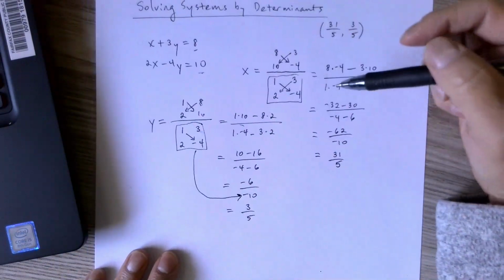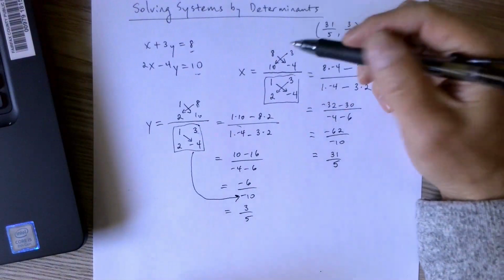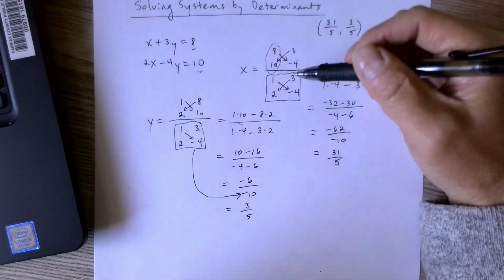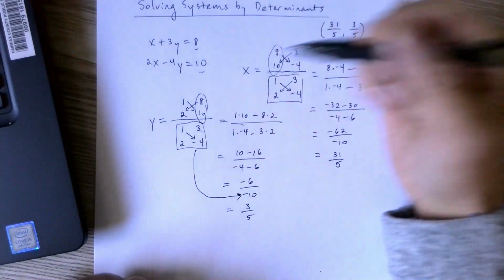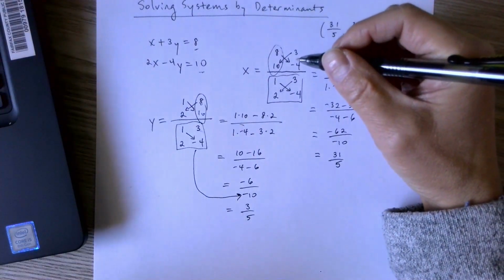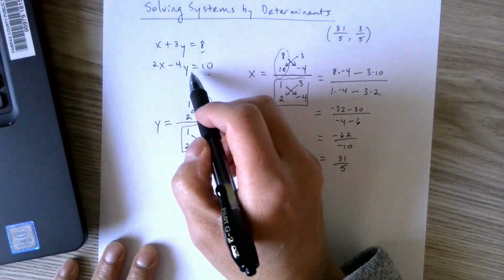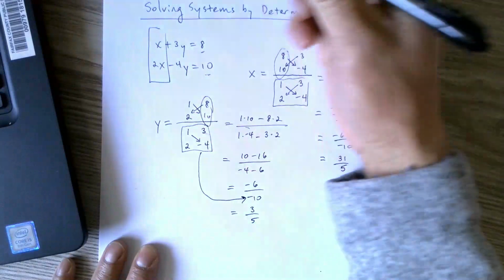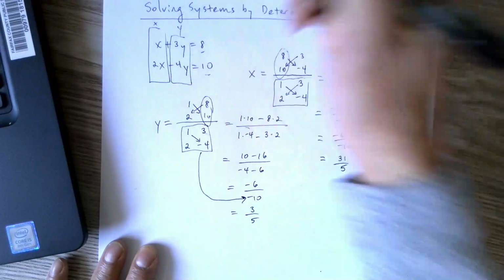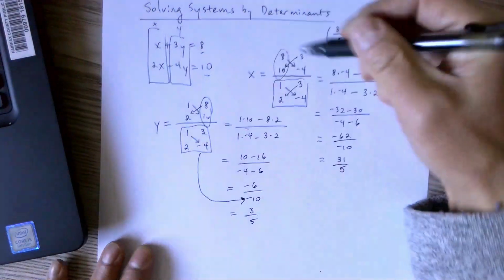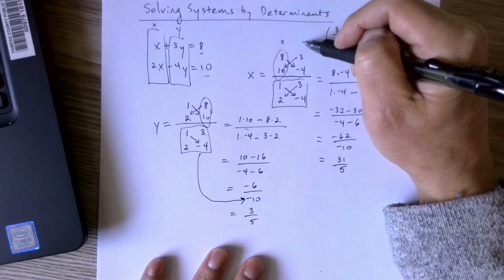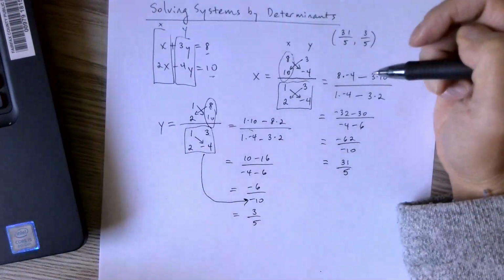Also, I mentioned, how do you remember that the 8 and the 10 go there when you're solving for x, and the 8 and the 10 go here when you're solving for y? Well, the way I remember it is, in standard form, this is the x column, always. And this is the y column, always. So in the determinant, this is the x column also, and this is also the y column.